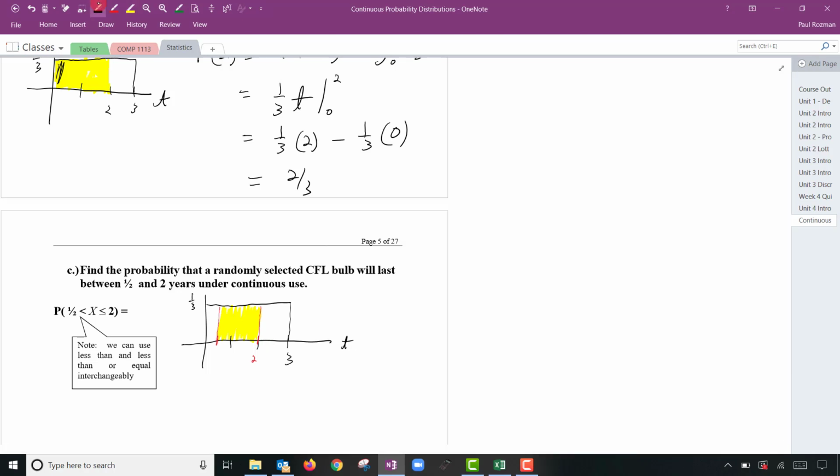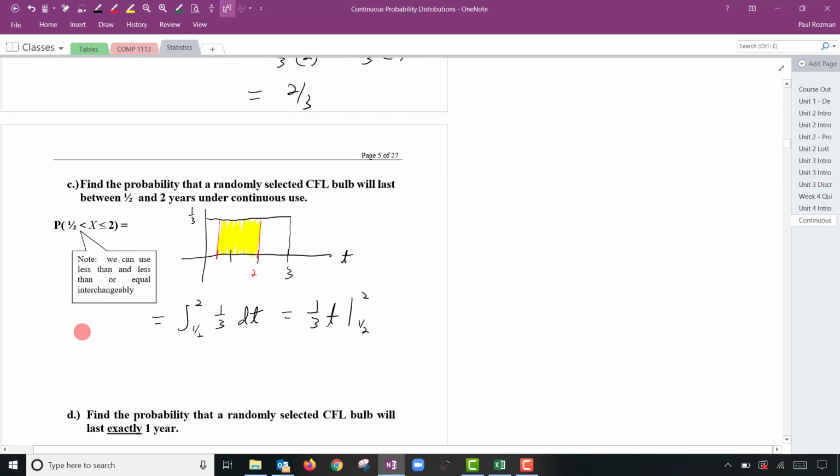Of course, you could integrate it if you'd like. You could say it's the integral from 1/2 up to 2 of 1/3 dt, which is then 1/3 t between a half and 2. And then I guess we could factor the 1/3 out and say it's 2 minus a half, just plugging in the limits of integration there. And of course, we get 1/2.